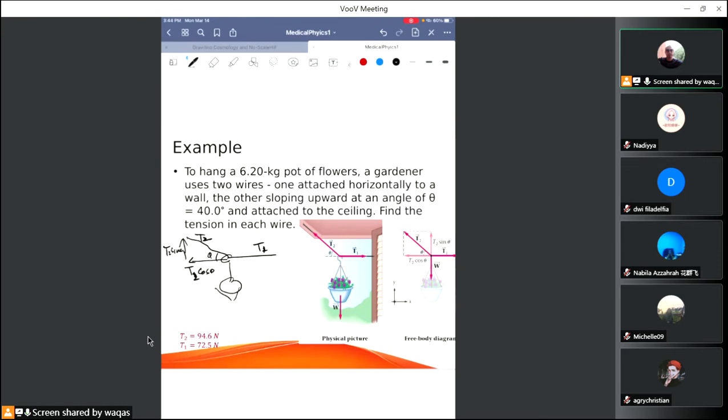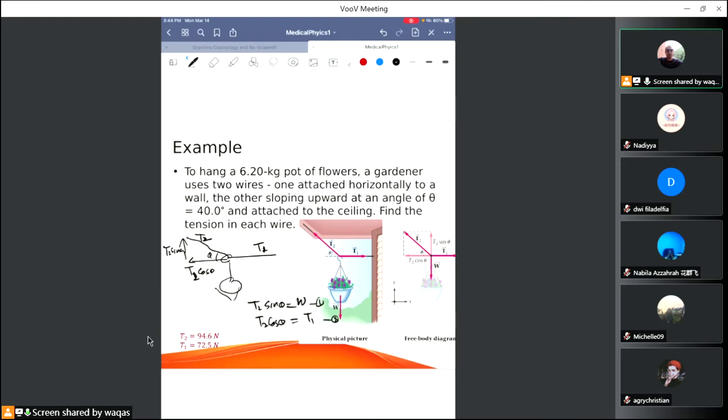T2 sin theta. You can see that T2 sin theta, the upward component, is equal to W, and this is your equation 1. And the horizontal, you have T2 cos theta, which is equal to T1, because this T2 cos theta is equal to T1.